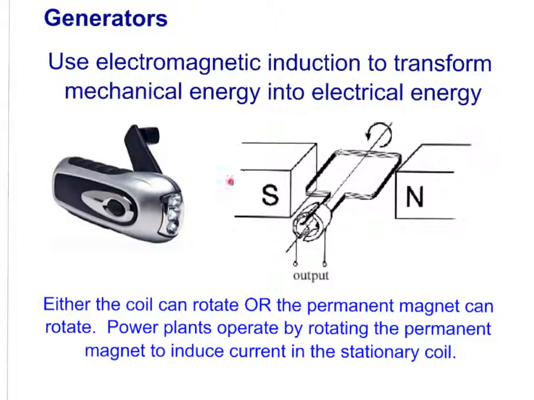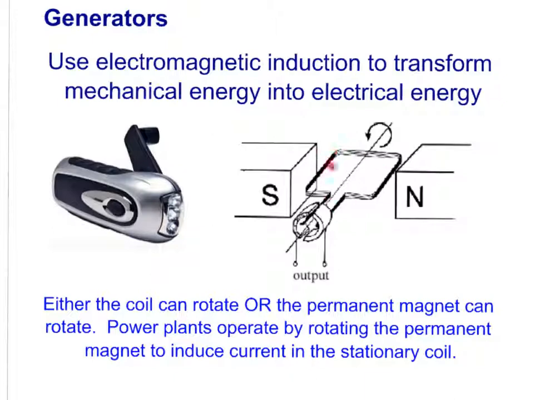When we look at that diagram of a generator, it should look very familiar to you because it looks a whole lot like the simple electric motor. Only we are putting mechanical energy into this system and transforming that into the electrical energy that we're getting out. We can do this one of two ways.